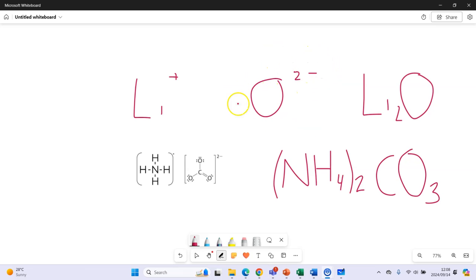Now, oxygen can only gain 2, and lithium can only give up 1. So we need 2 lithium atoms to balance out 1 oxygen atom in the lithium oxide compound.